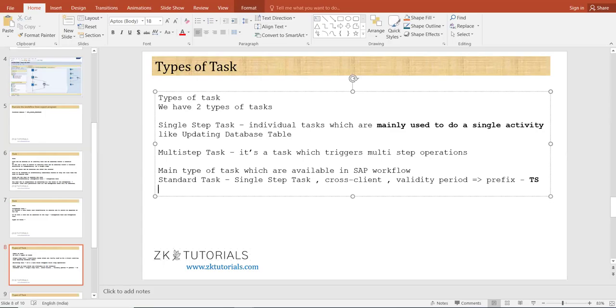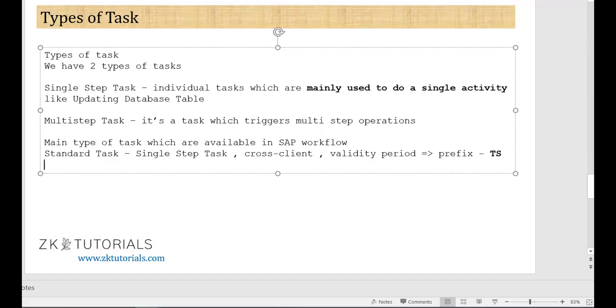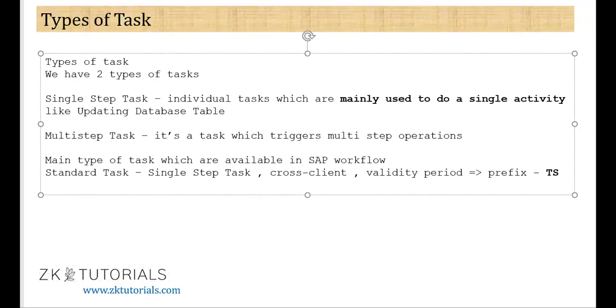Second, I have also written here something known as validity period. What is validity period? Whenever we create a customer task, we have a validity period for that task. If the task does not lie within the validity period, when you execute that task, it will not be executed. Basically, validity range is a date range which defines whether the task is valid or not.